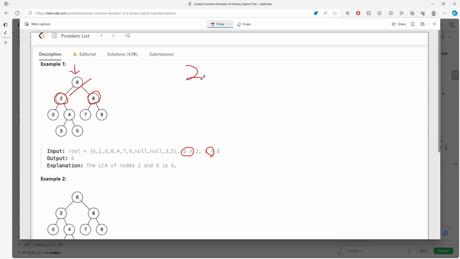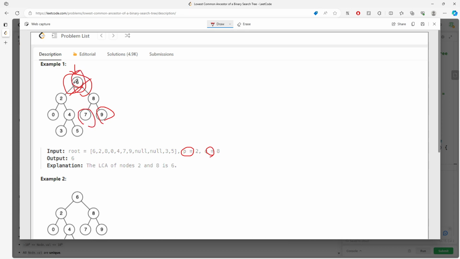If you cannot satisfy this scenario, you return yourself. This might be the reason why this is the lowest common ancestor, because it's either both of them on the left or both of them on the right.